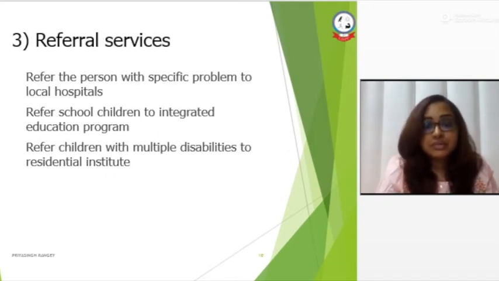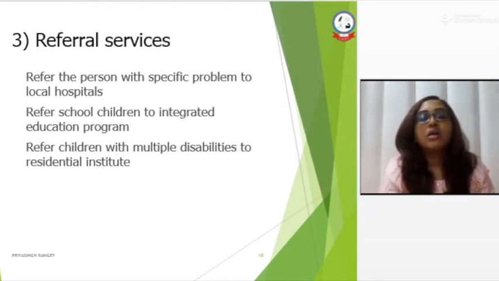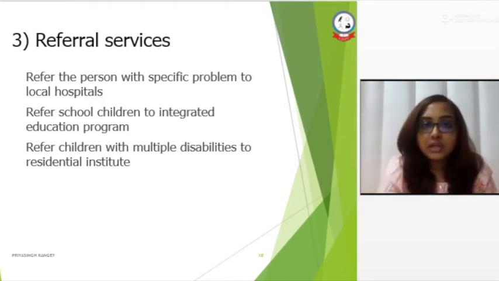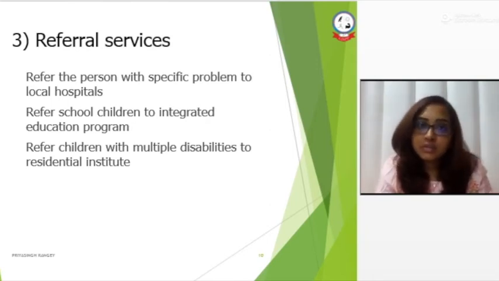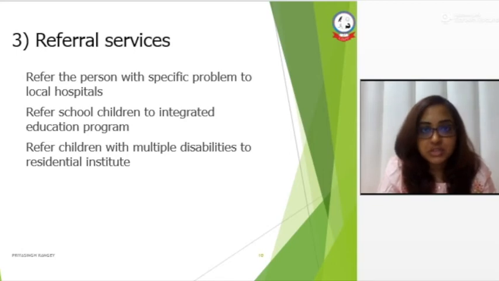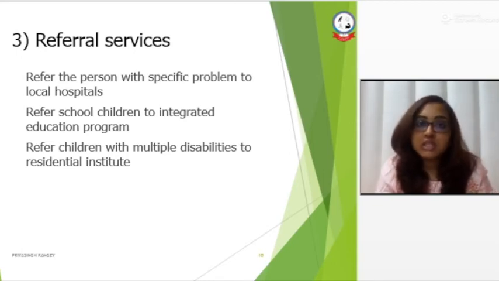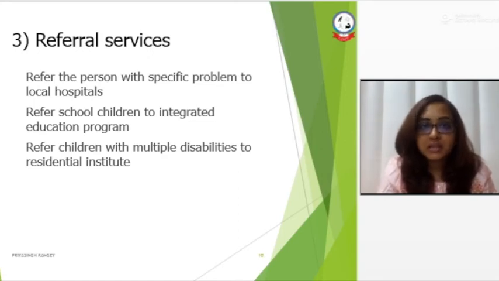We can use extension services as referral services, because since we are going to the patient directly and we know what problems the patient is facing, and if it seems that the patient requires some further help from a specialist, then we can refer the patient to the care of a specialist. And with this, we can notify the local hospital about the specific problems that the patient has, so that the patient gets better care.